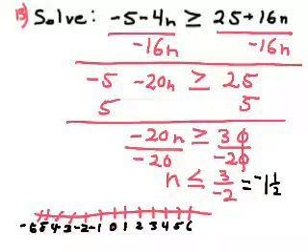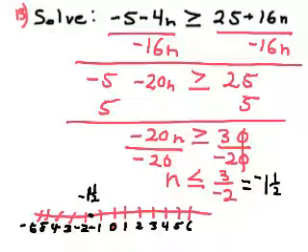Rather than try to graph an improper fraction, I'm going to change it into a mixed number, because it's easier to find where negative 1 and a half is as opposed to where negative 3 halves is. Negative 1 and a half will be past the 1, right about there. So that's negative 1.5.